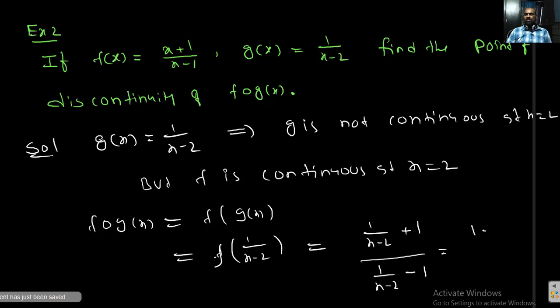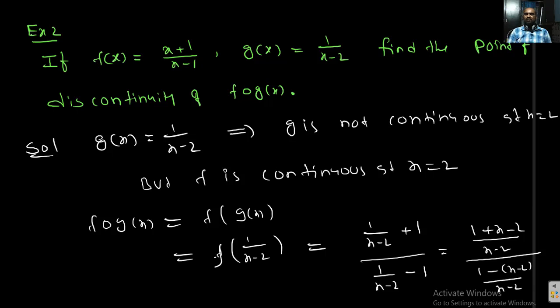Here, 1 plus 1 by x minus 2, divided by 1 minus 1 by x minus 2. Already in this function 2 is not there, so I can cancel the x minus 2, because g circle f is not defined at x equal to 2, g is not defined at x equal to 2, which means f circle g is also not defined at x equal to 2. That's why I cancelled those two.